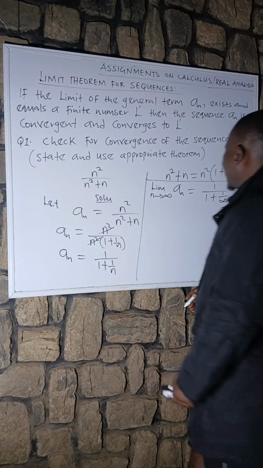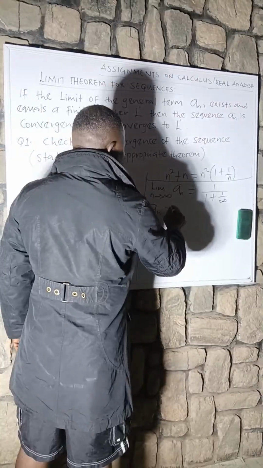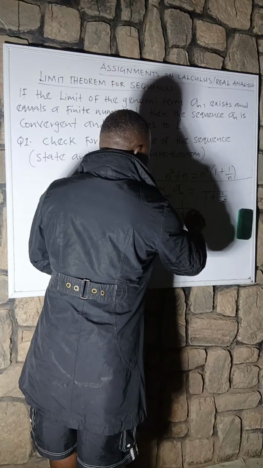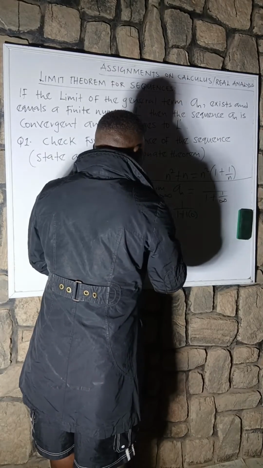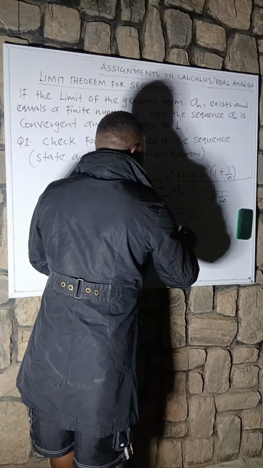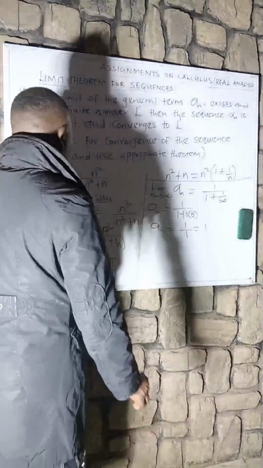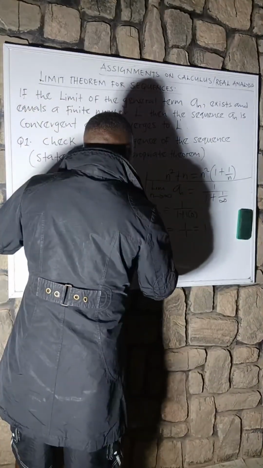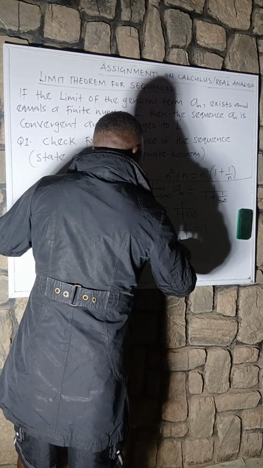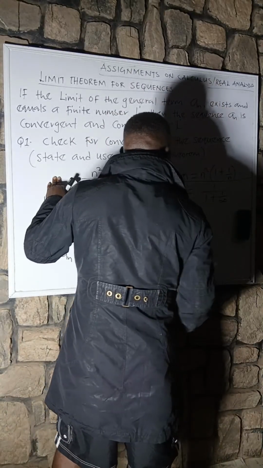Then this will be 1 all over 1 plus 1 times 0. Then 1 times 0 is 0, so a subscript n is 1 all over 1, which is equal to 1. Can you see now? So therefore, our sequence n squared all over n squared plus n is equal to 1.